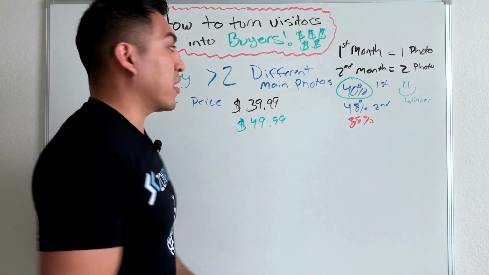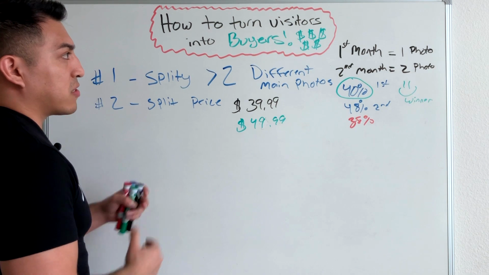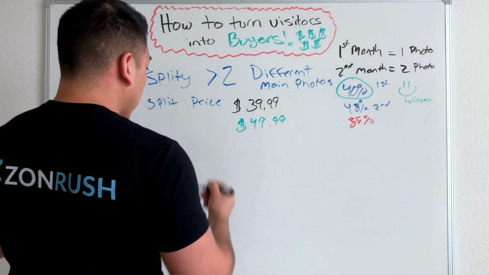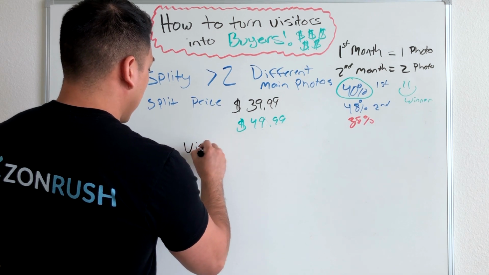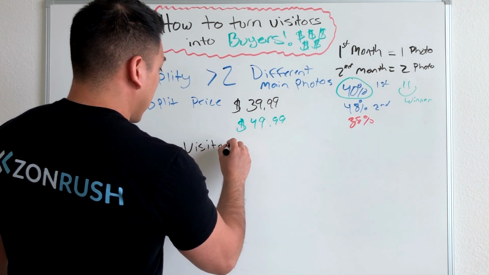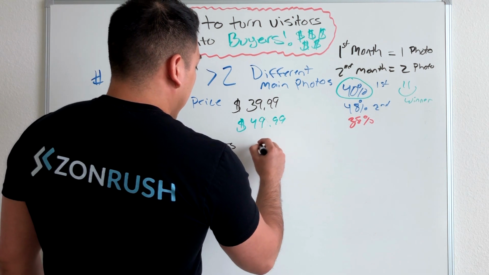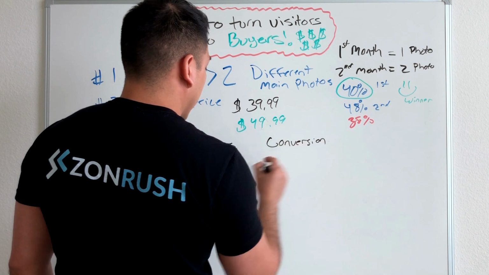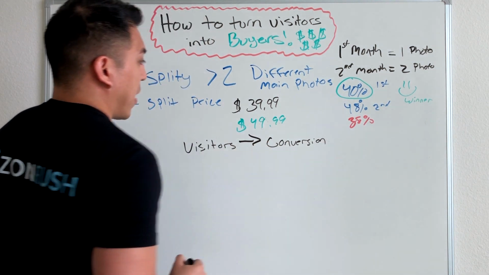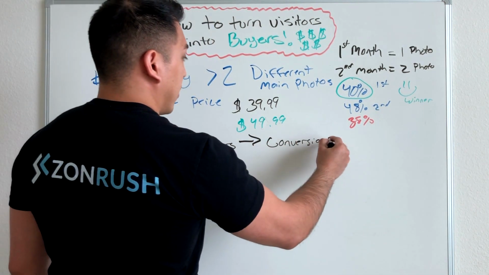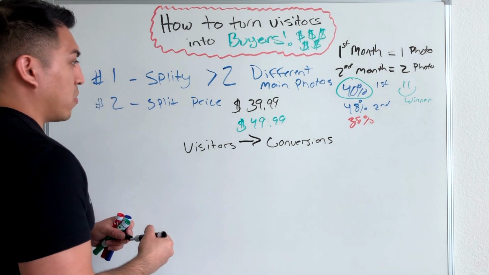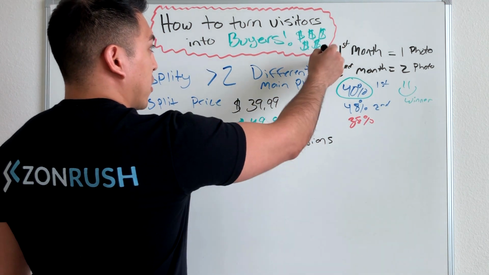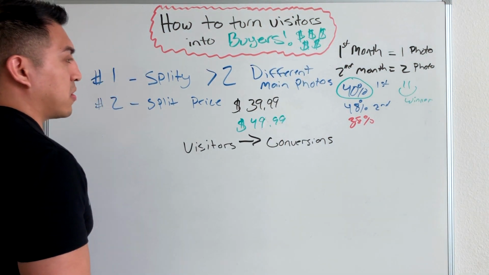You'll make a lot more money, but you're gonna wanna split test your price to see what the optimal balance is between visitors and conversions. So how many people are buying your product once they land on your page, okay? So you're gonna wanna test your price, have at least 2 main photos to split test there.